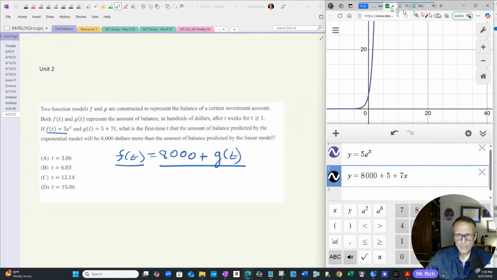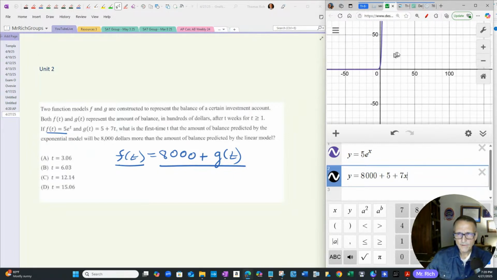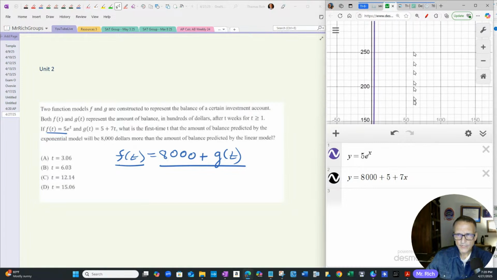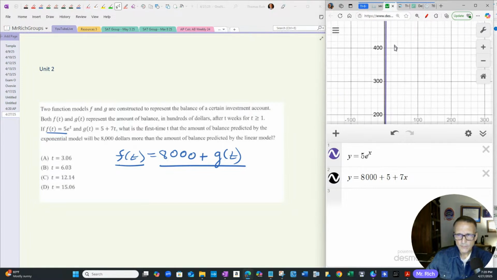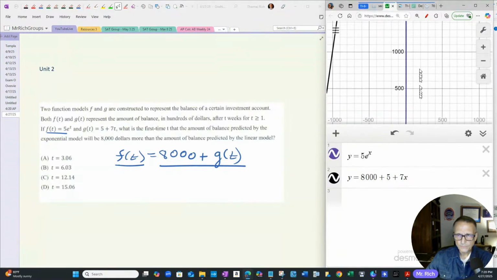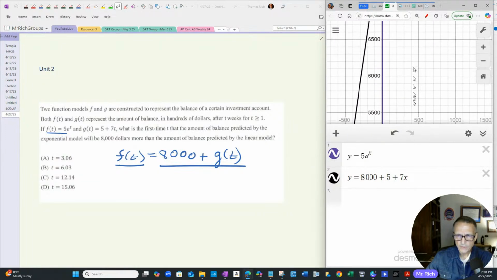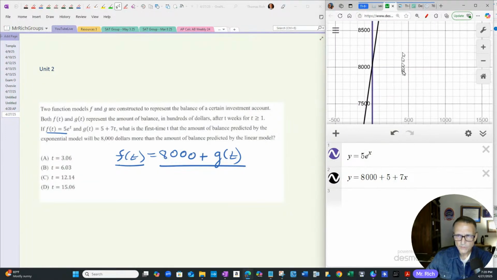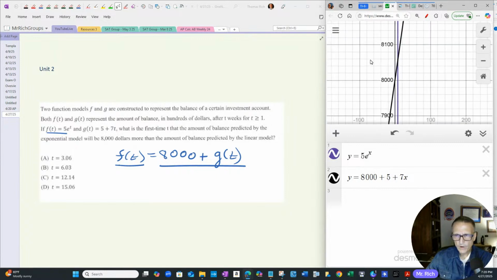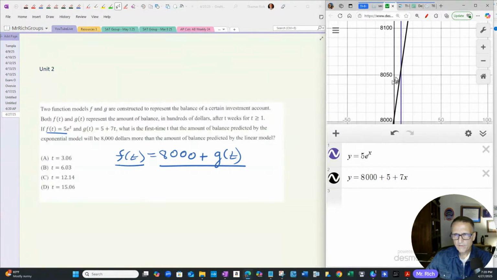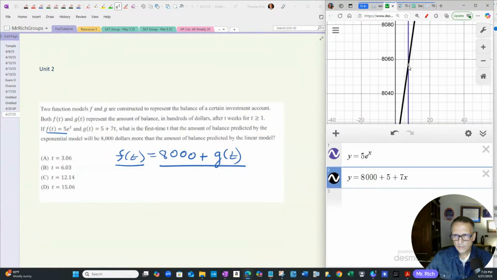And then I'm going to find out where these two intersect. I know it's going to be way, way up here. I could have changed this to make it a little bit easier, but I just want to do it as plainly as possible, graphing both the right and left, and finding where they intersect.